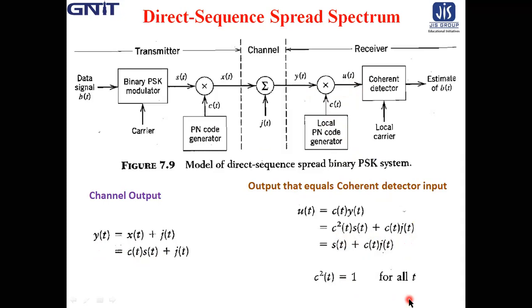Now c squared(t) is 1 for all values of t. So this is s(t) plus the noise c(t) times j(t). So this is u(t), and applying the local carrier, it can estimate the original signal.